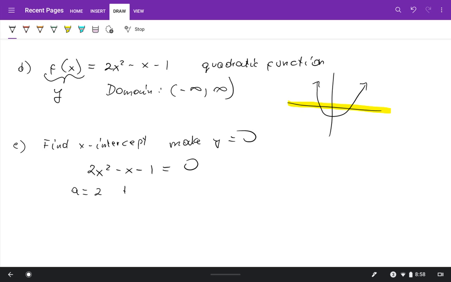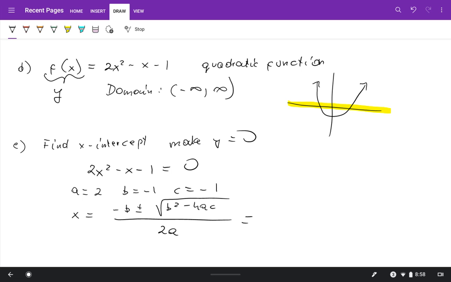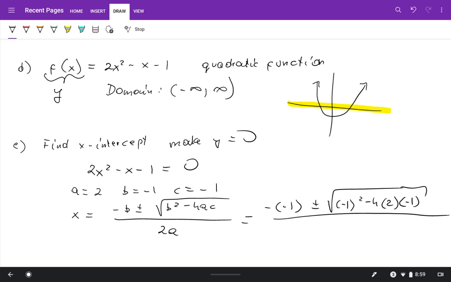A is equal to 2, b is equal to negative 1, c is equal to negative 1. So x is equal to negative b plus or minus the square root of b squared minus 4ac, and everything divided by 2 times a. That will be negative of negative 1 plus or minus square root of b squared, which is negative 1 squared, minus 4 times 2 times negative 1, and everything divided by 2 times a.